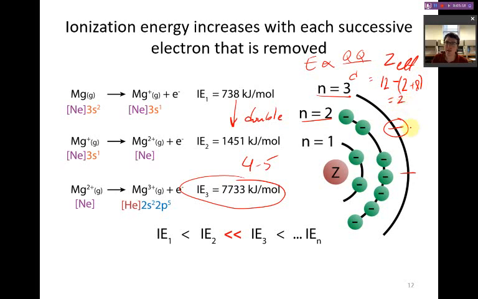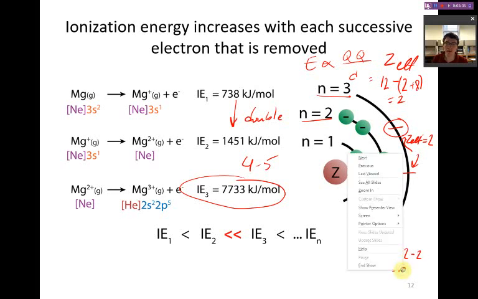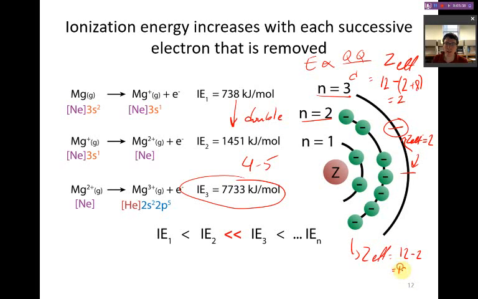So that's going to be a Z effective of 2 for these outer electrons. The inner electrons in that second core, their Z effective would be 12 minus 2. They would have a Z effective of 10. So because they are feeling a much stronger pull to the nucleus, they are held much more tightly, and therefore it's a lot harder to pull them off.